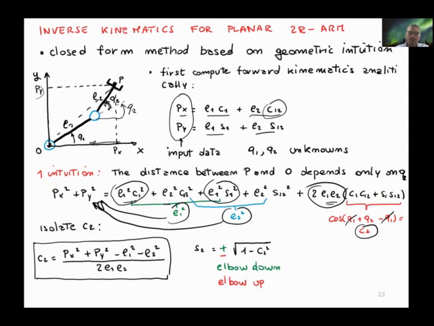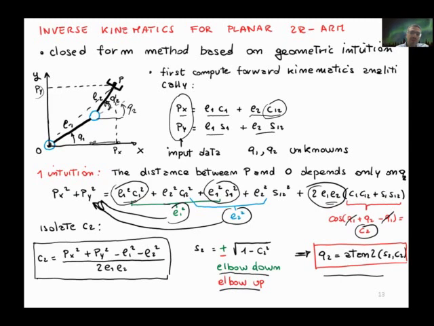These solutions correspond exactly to the elbow down and elbow up configurations. Then we compute the value of joint Q2 using the atan2 of the sine and cosine, because the arccosine is defined only in 2 quadrants, while the atan2 is defined in the 4 quadrants.